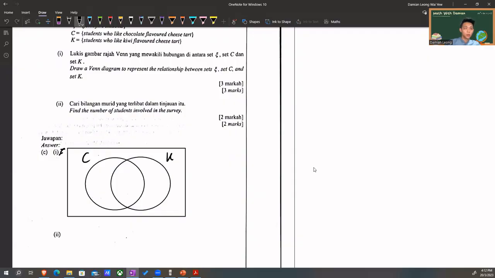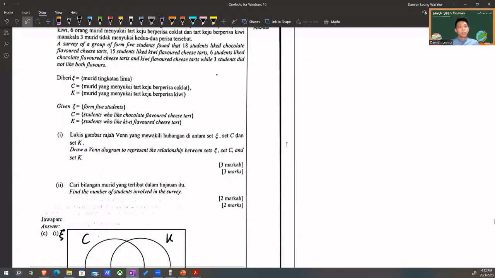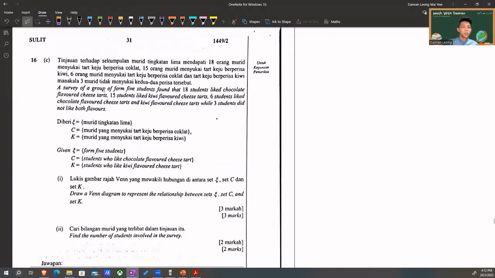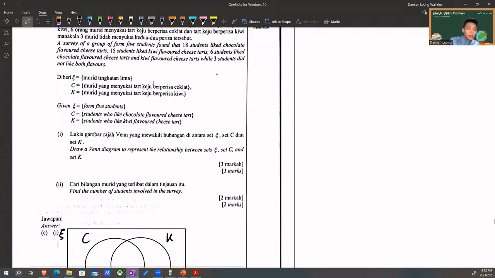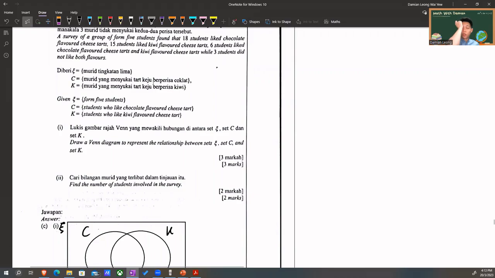C, K, universal set. I want the relation based on information given. So 18 students like chocolate cheese tarts, 15 like kiwi, 6 like chocolate and kiwi, both. So means in the middle 6. 3 students did not like both, outside 3.